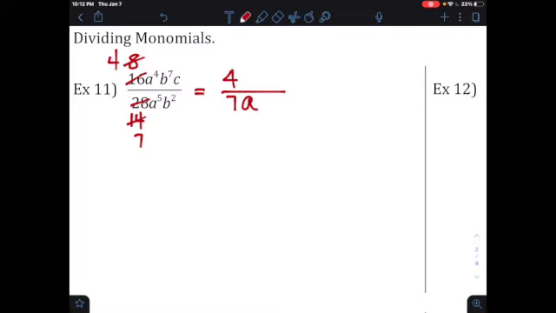Then I look at B, B to the 7th on top, B to the 2nd on the bottom. So I have extra 5 B's on top, so B to the 5th on top. Then since I don't have any C, C is just right here. So your answer, it doesn't look pretty, is 4B to the 5th C over 7A. And there's your answer. Okay?